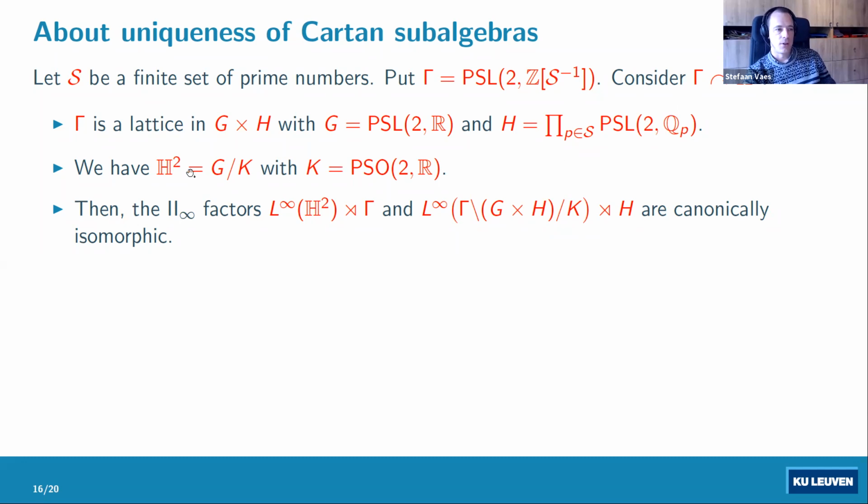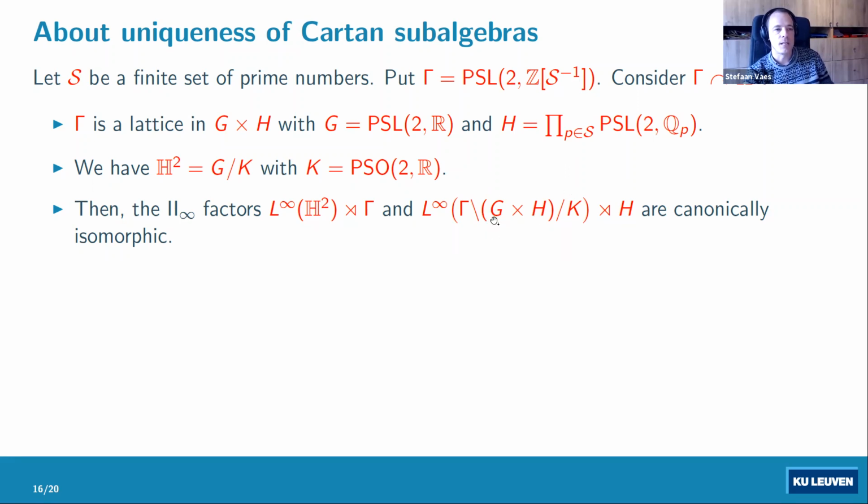Now the hyperbolic plane is G mod K, where K is PSL2. And then it's not very hard to see that we can again play with this left and right modding out with closed subgroups, that this II-infinity factor is isomorphic in a canonical way to the II-infinity factor that arises from this locally compact group acting on this probability space.